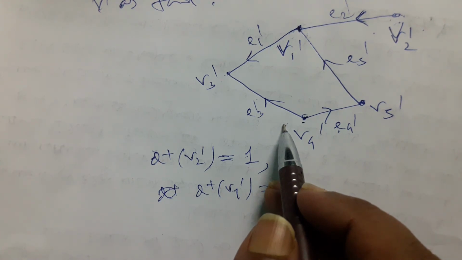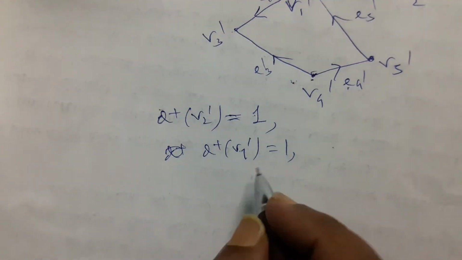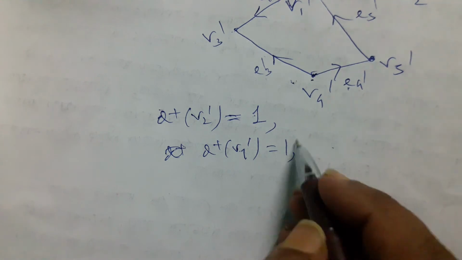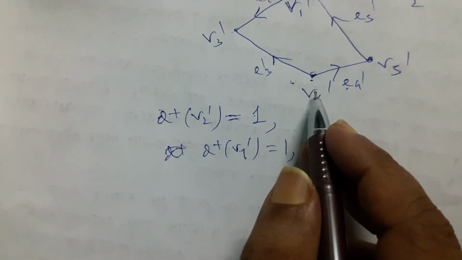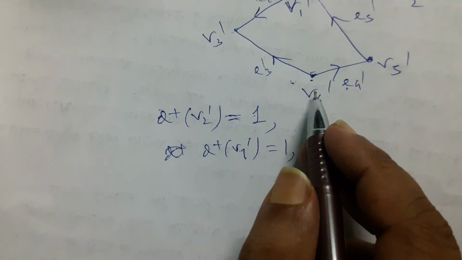Here also d3 and d1. So it is also clear, in degree and out degree.